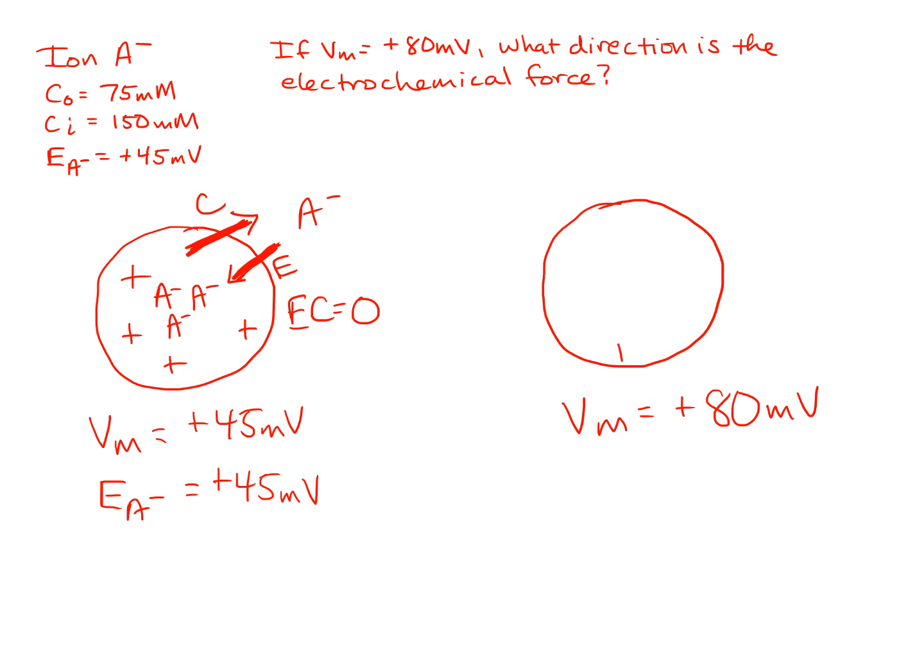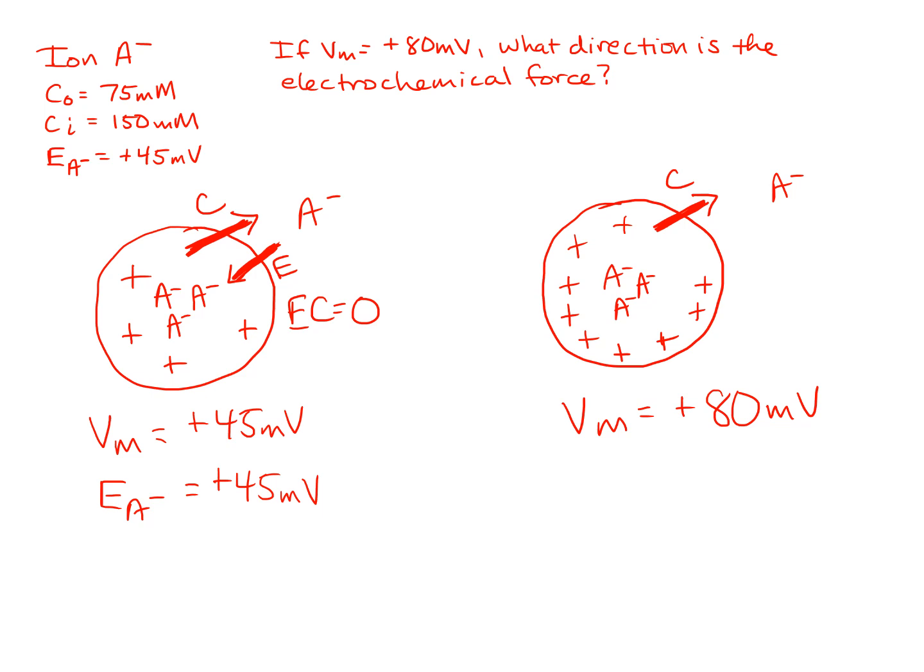So we'll draw the membrane potential first, and being at plus 80 millivolts, we know that we've got a lot more plus charges inside the cell than we did at plus 45 millivolts. And then our concentration gradient, we haven't changed that, that's the same. And so our chemical driving force is the same. So we'll draw that the same thickness as what we had at equilibrium.